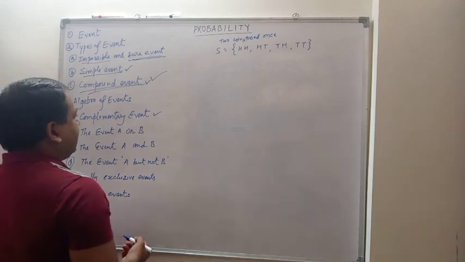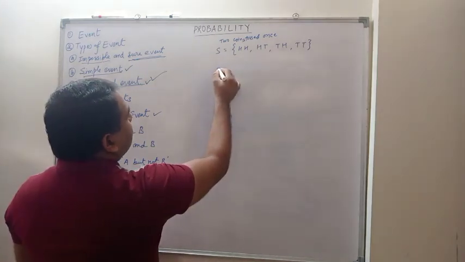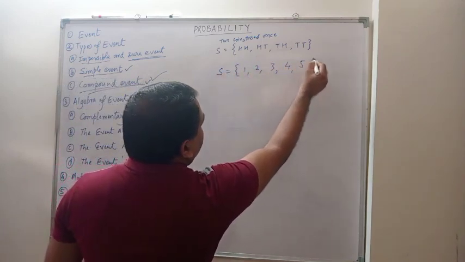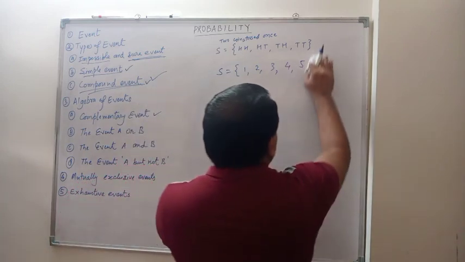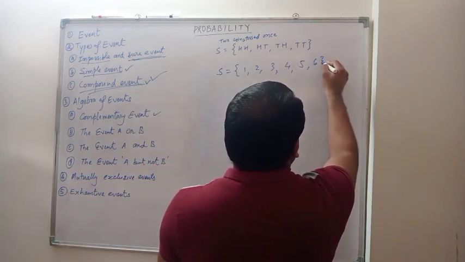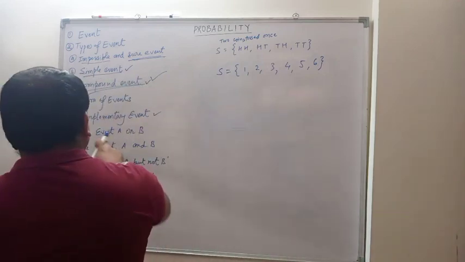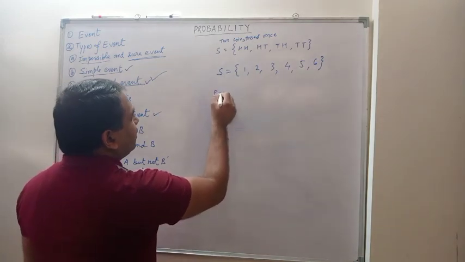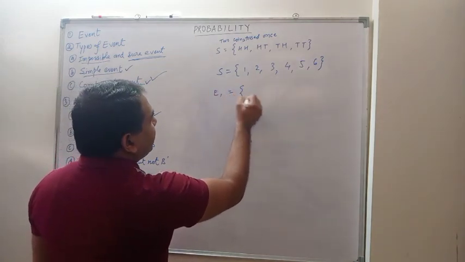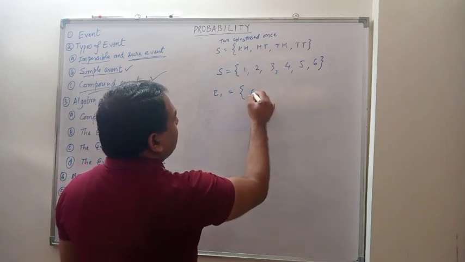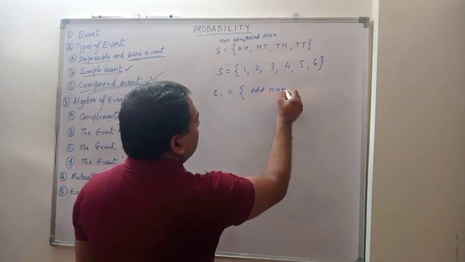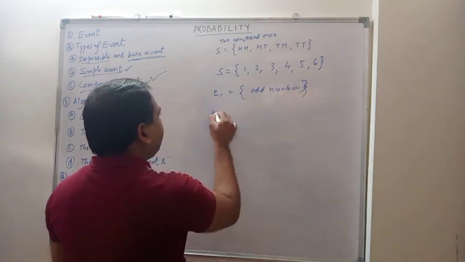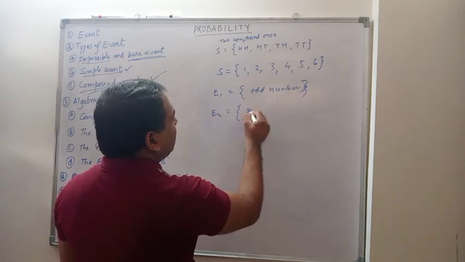Now let us consider A or B. If I roll a die, then the sample space will be 1, 2, 3, 4, 5 and 6. Say event E1 is getting an odd number, and event E2 is getting a prime number.